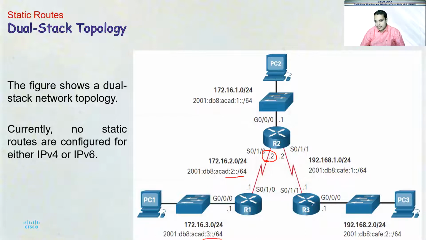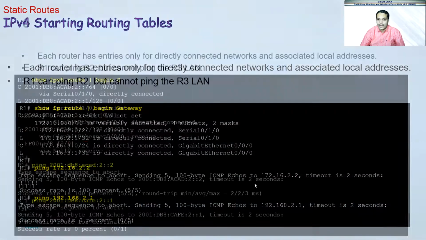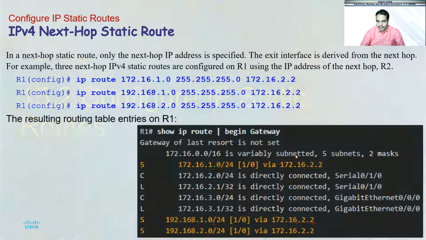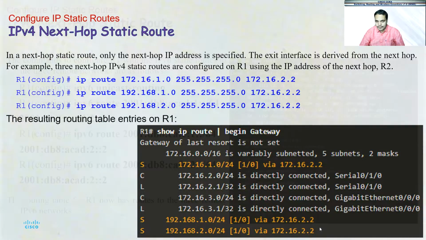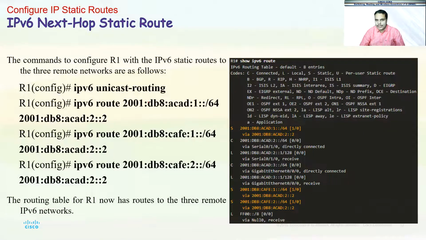For all these three networks, my next hop IP address will be the IP address of interface S0/1/0 of R2, which is 172.16.2.2. This is the variant where I only specify the next hop's IP address. So this is one way of doing it. You can see that the routing table is now updated. Similarly, for IPv6 I need to do the same. First, I need to enter ipv6 unicast-routing, and then I need to put in ipv6 route, the address, followed by the next hop's IPv6 address.